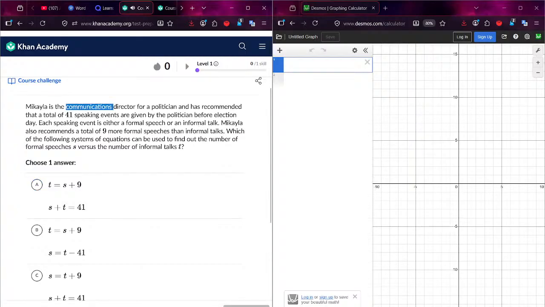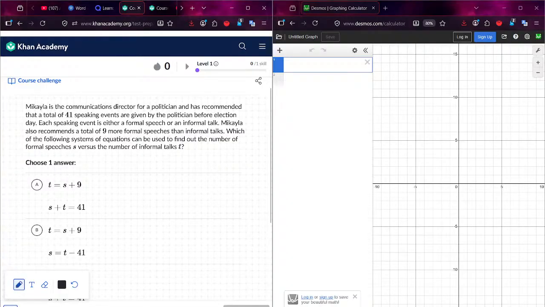Michaela is the communications director. She has recommended that a total of 41 speaking events are given by the politician before election day. Each speaking event is either a formal speech or informal talk. Michaela also recommends a total of 9 more formal speeches than informal talks. What is the system of equations? So S is formal speeches.